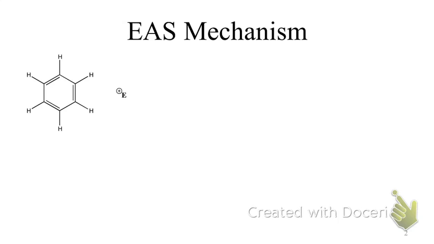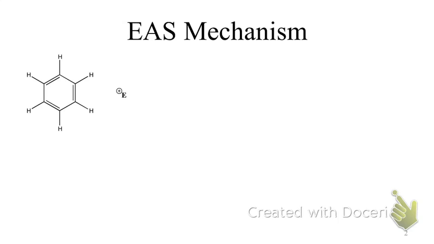No. So instead of looking for a negative, we need to look for something a little bit more mild than that. We need to look for electrons. Where are there electrons within benzene? Pi bonds and sigma bonds. Which set of electrons will be the most accessible or reactive?